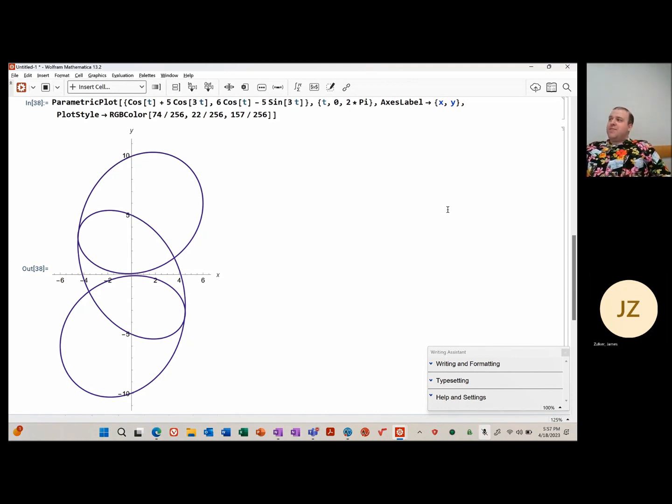But what is slope of the tangent line? What is it? Derivative. Specifically, dy dx. We're now going to look at how to find dy dx of a parametric curve. So we can find slope of any curve. Or slope of a curve at any point.